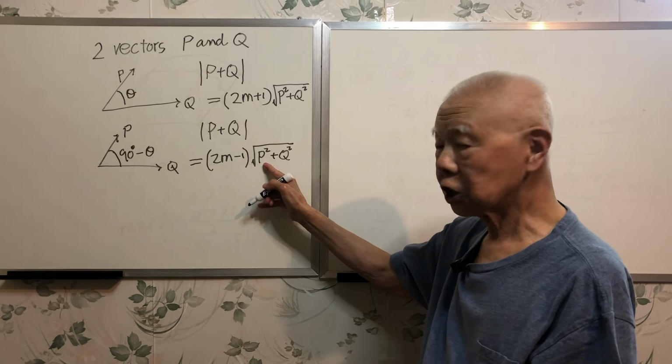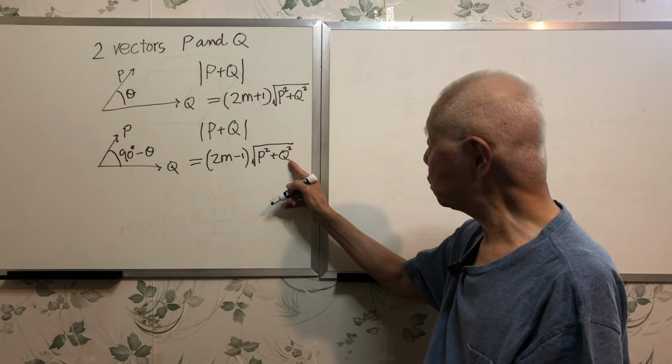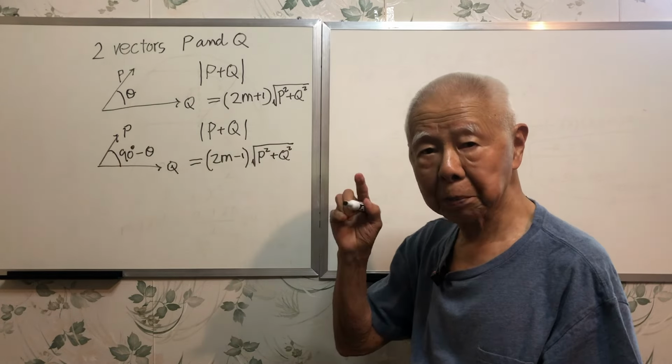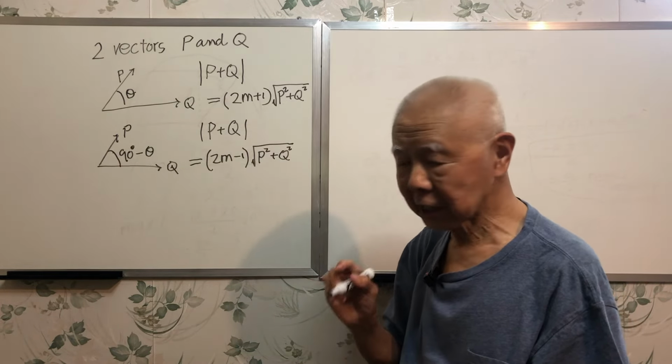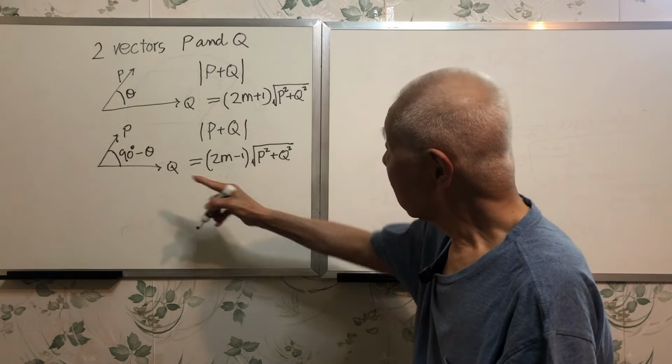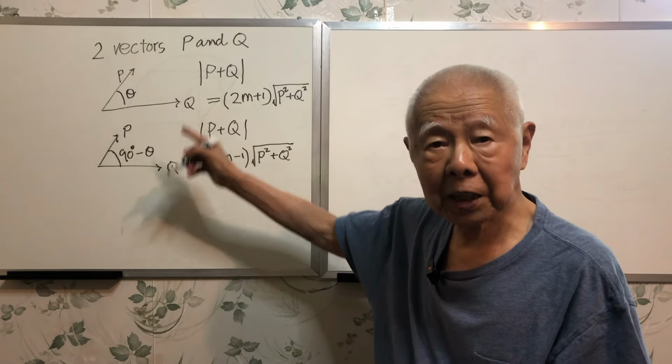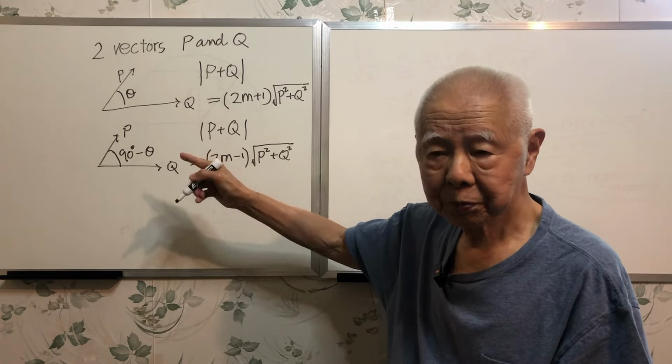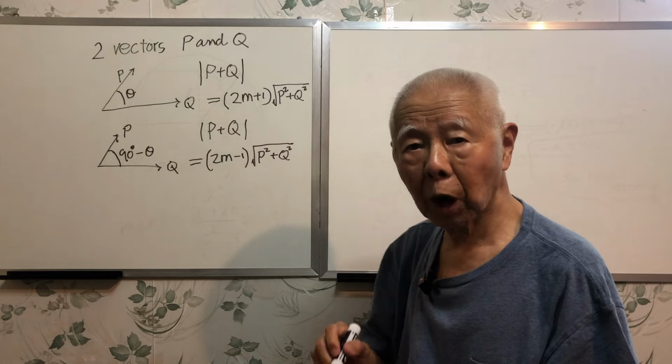Again, this P and this Q just mean the magnitude of P and the magnitude of Q. These are given information. What do we want to do?